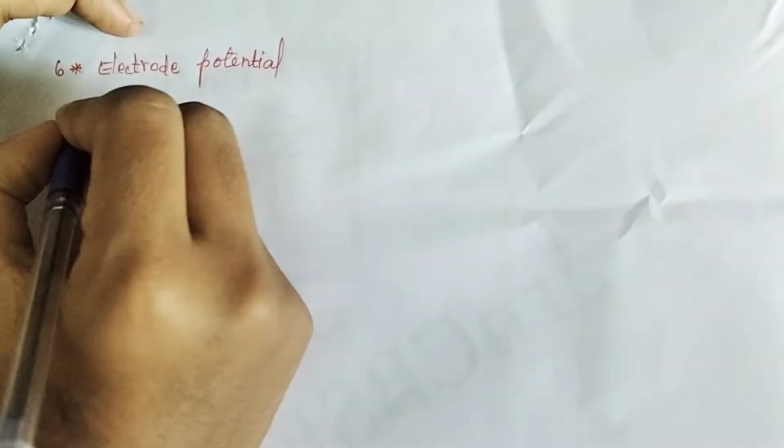What is this electrode potential actually? Electrode potential means the tendency of an element, the ability of an element to lose electrons in the aqueous solution. Can I write here?